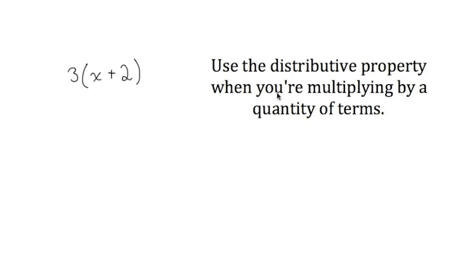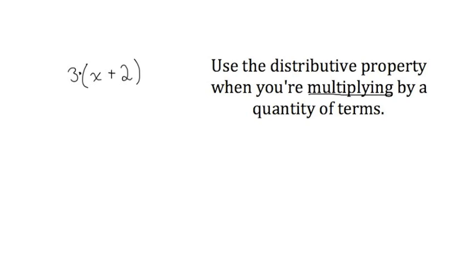Because in order to use the distributive property, we must be multiplying by a quantity of terms. So are we multiplying? This 3 here, there's no symbol between the 3 and the grouping symbols, so that means, whenever there's no symbol, that you're multiplying. So you could put a little times dot in there, so that you see that this is indeed 3 times the quantity x plus 2.